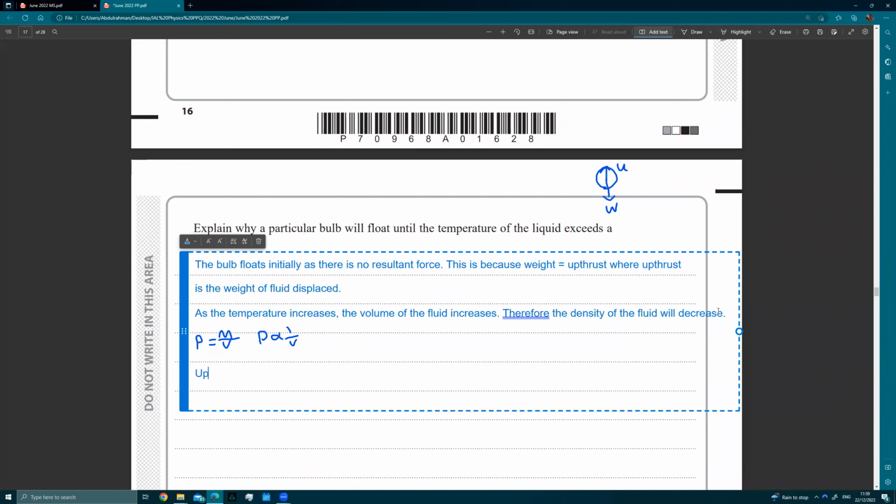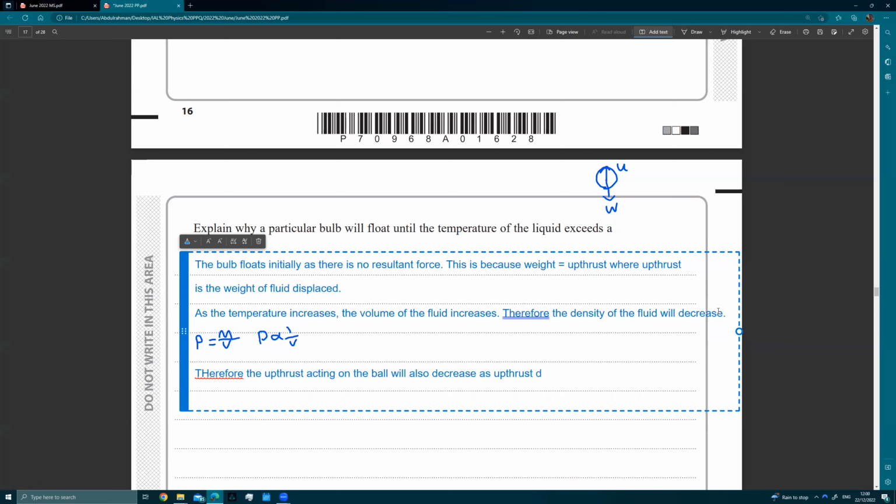So because there's a less dense fluid, therefore the upthrust acting on the ball will also decrease. Okay, how do I phrase this? Let me think.